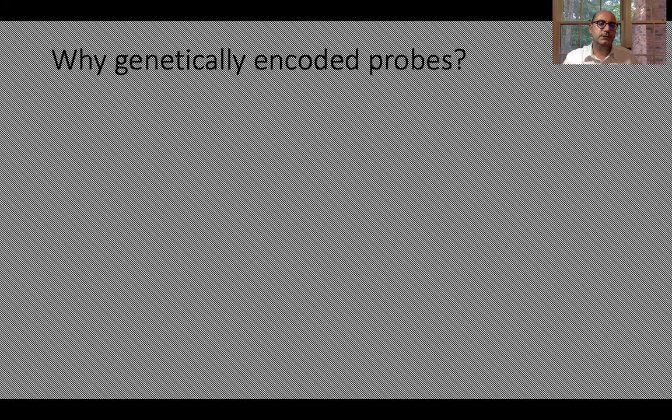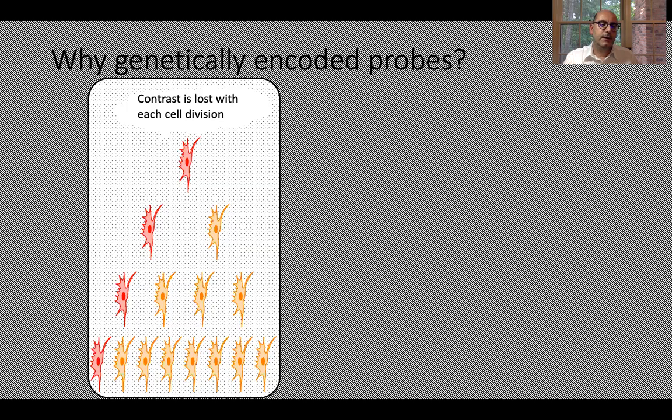So the first question is, why do we need genetically encoded probes? One reason we need those genetically encoded probes is to compensate for loss of contrast with cell division. Traditionally with MRI, people have used nanoparticles for cell imaging.